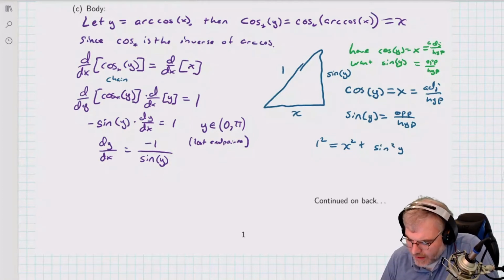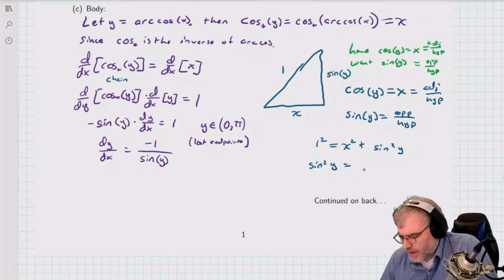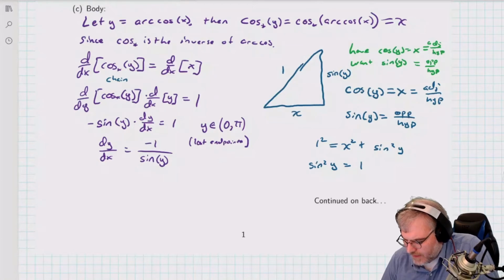So that means that I move this over to this side and I get sine squared y equals 1, that took a negative when it did that, so that becomes 1 minus x squared.